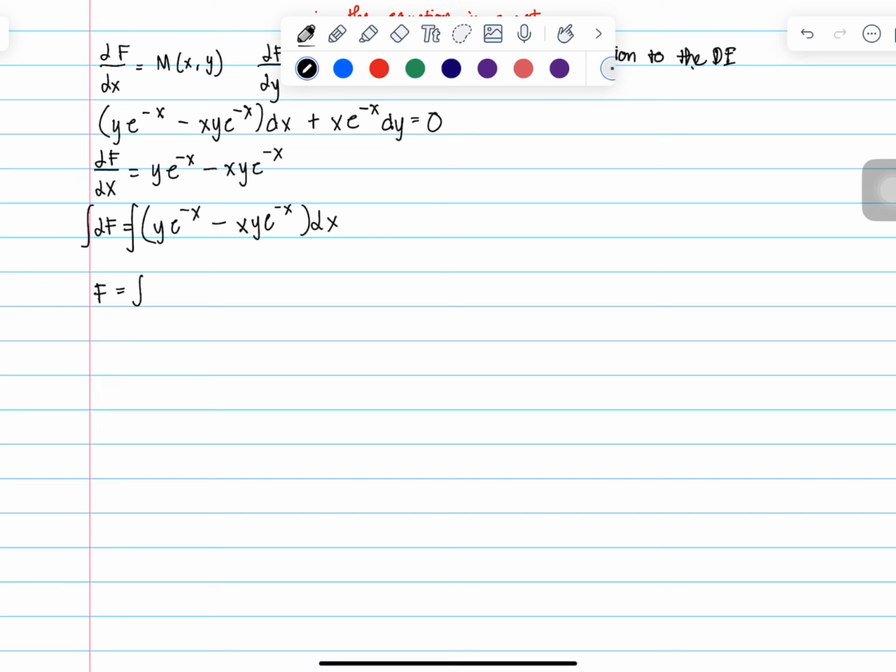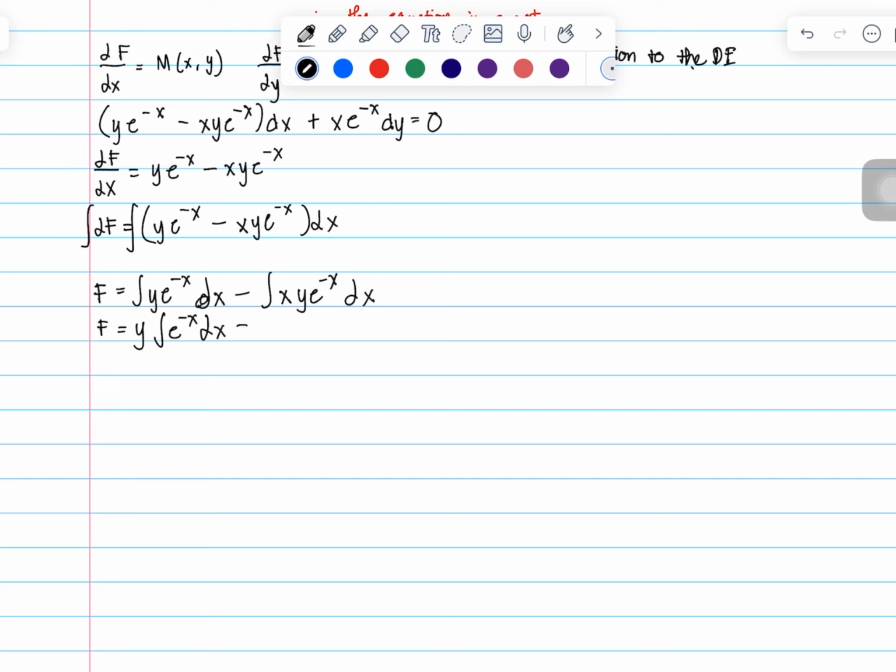So we have the integral of y e to the negative x partial of x minus the integral of x y e to the negative x partial of x. All right, so let's do the first term. We can take out y, the integral of e to the negative x partial of x.